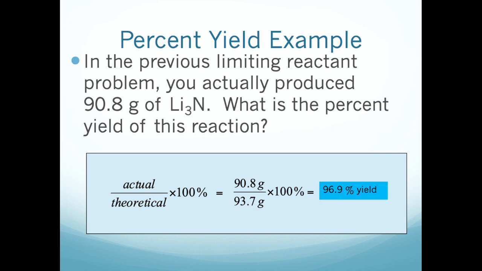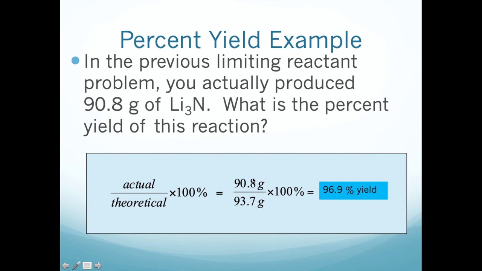Now, please note that this question gave us the numbers kind of directly, right? The question tells us the actual yield. We had the theoretical yield on hand, and so it was easy to plug them into this formula. Keep in mind that might not always be the case. Sometimes the question might give you information about the reactants you're dealing with.